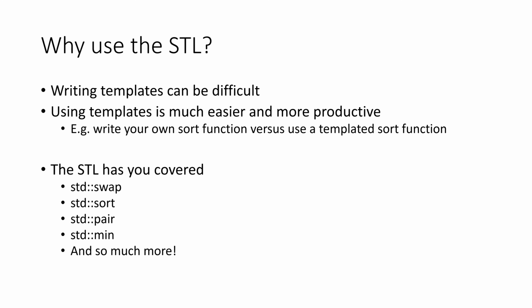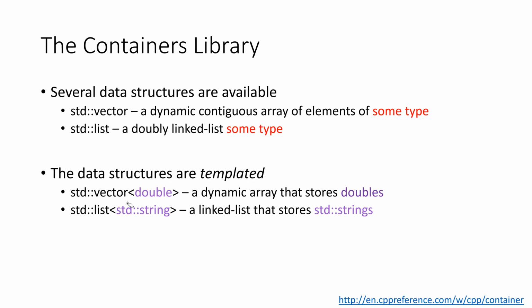What's in the STL? Lots of stuff. There are functions like swap, sort, and min that are useful. There are classes like the pair class that we talked about, which is in the standard template library, and lots of other things that aren't listed here. The most important part of the STL, in my opinion, is the containers library.